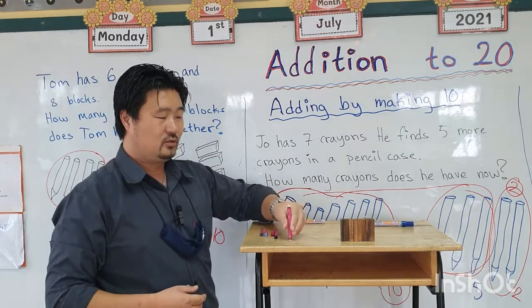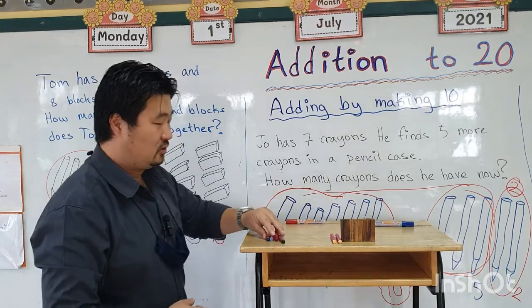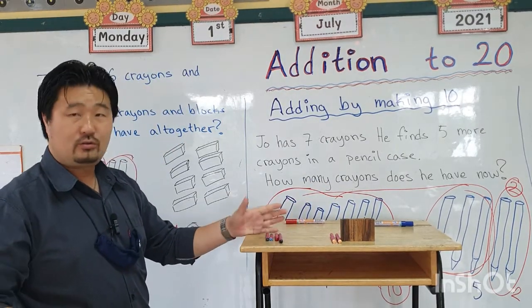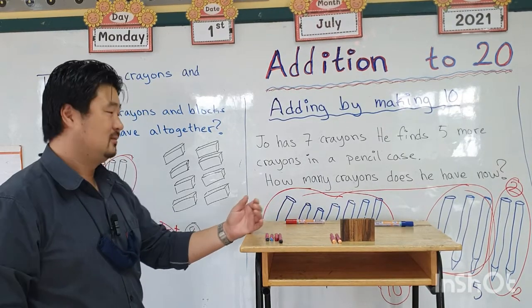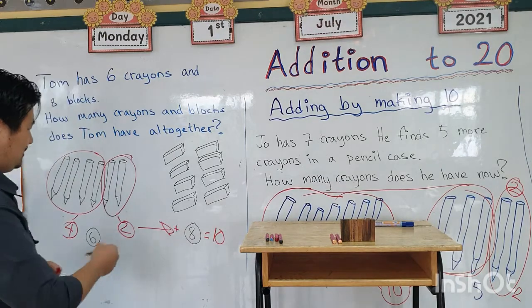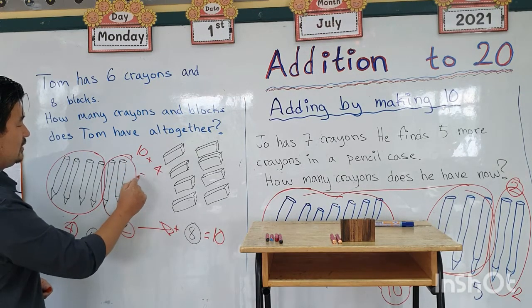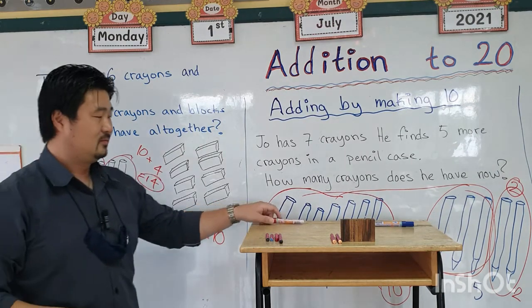So 2 crayons go over to the blocks. So then you have 10 and 4. And you know 10 and 4, that's easy. 10 plus 4 equals 14. Easy, right?